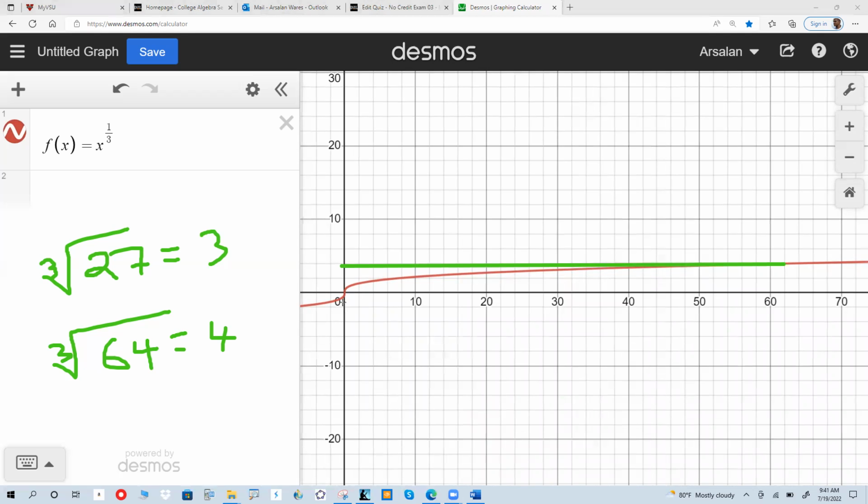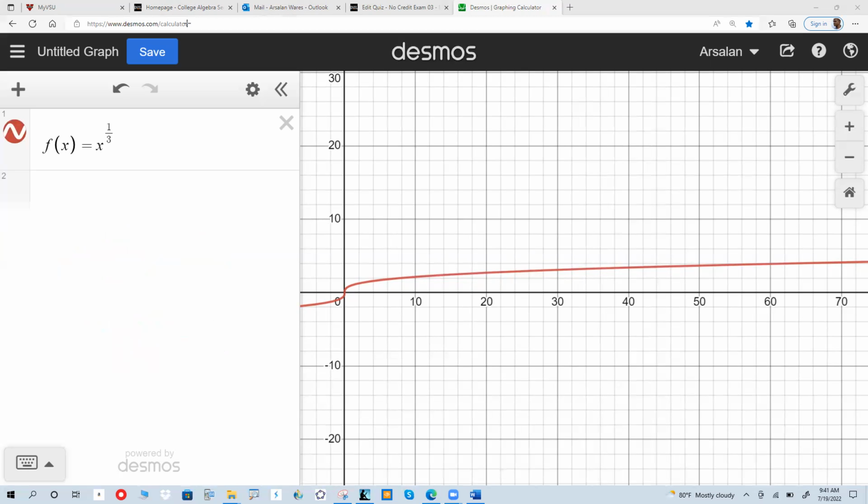Okay, so here from 0 to 10, you have 5 boxes. Each box is 2. So that sounds about right. And take a look at 27, somewhere here. And that does look like it's about 3. So it is the right function, just to convince you. And the domain and range is going to be, let me go back to a nicer view.